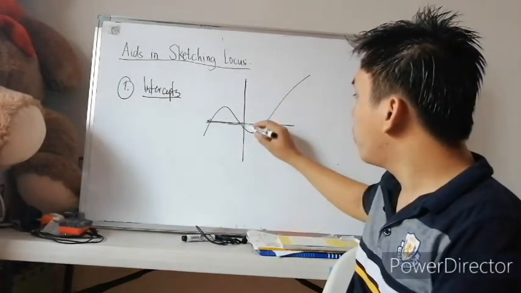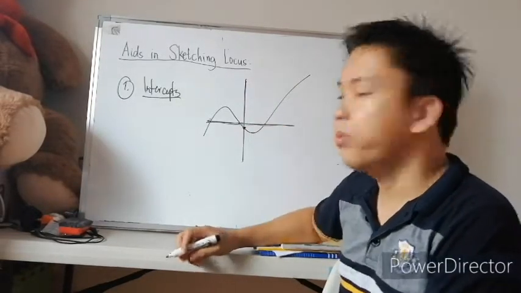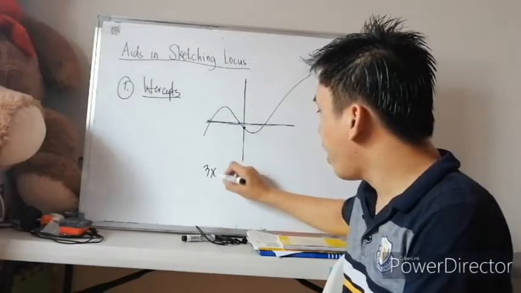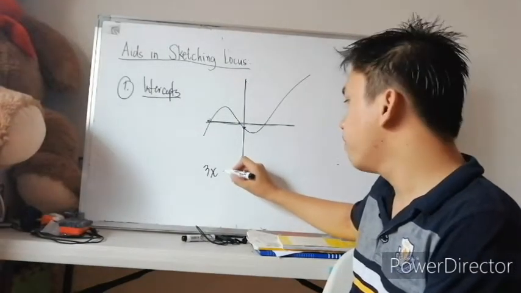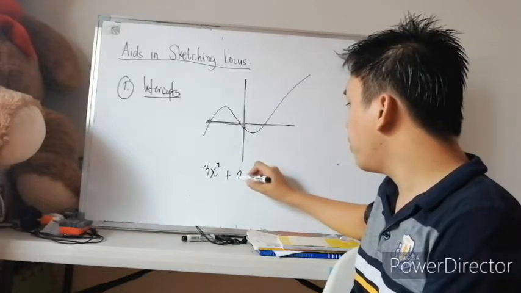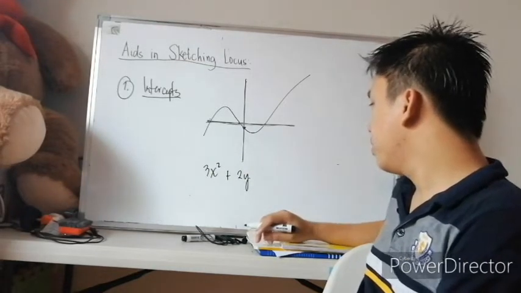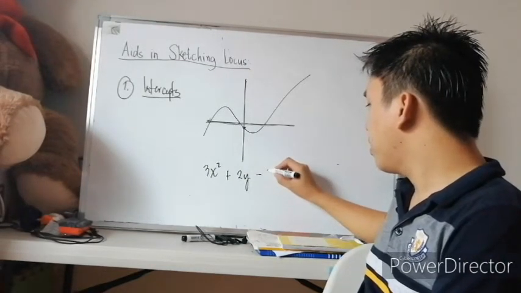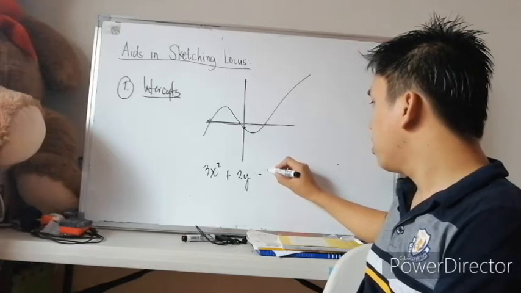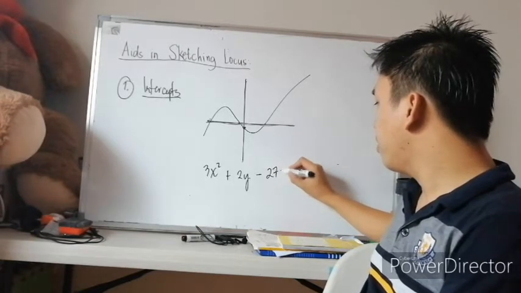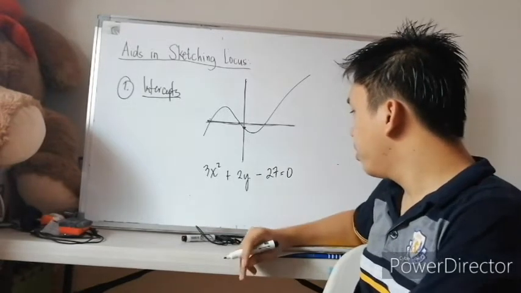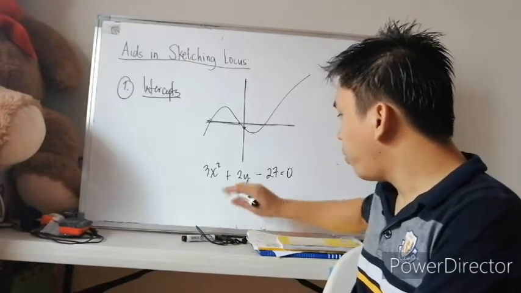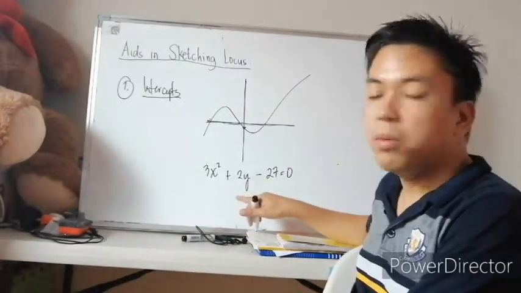For example, we have 3x squared plus 2y minus 27 equals 0. To solve for the x-intercept, we assume y becomes 0.